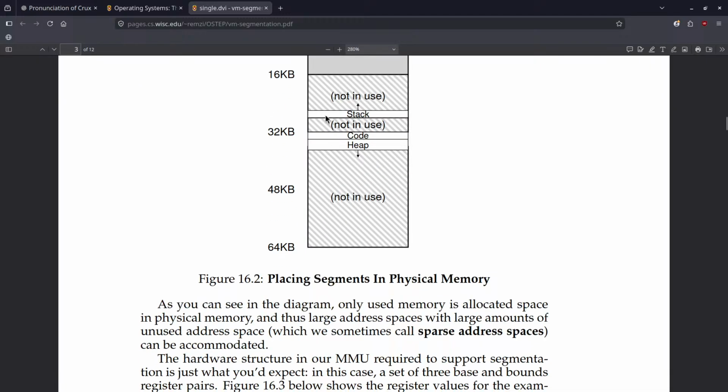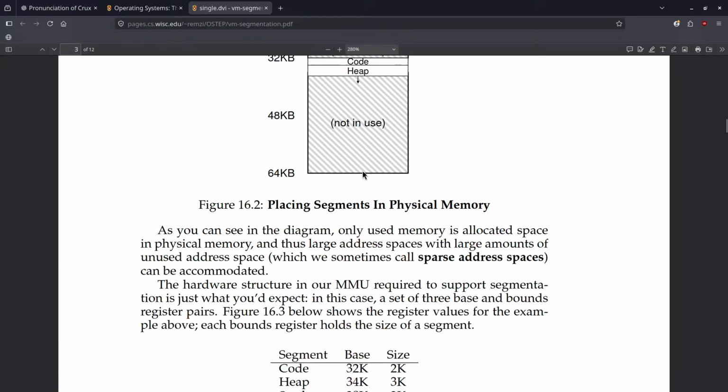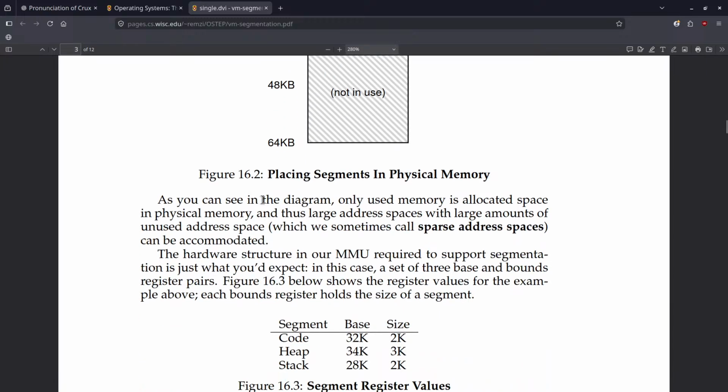Okay, so we have code, we have heap, and they are completely separate. As you can see in the diagram, only used memory is allocated space in physical memory, and thus large address spaces with large amounts of unused address space, which we sometimes call sparse address spaces, can be accommodated.